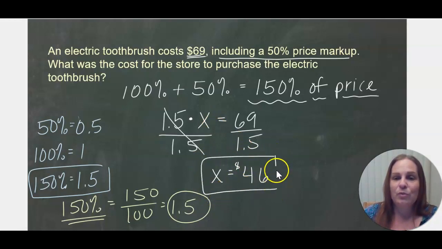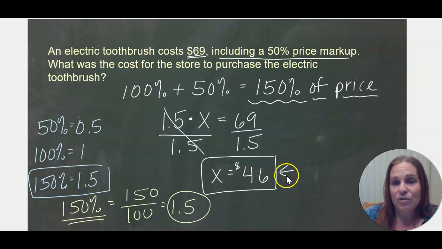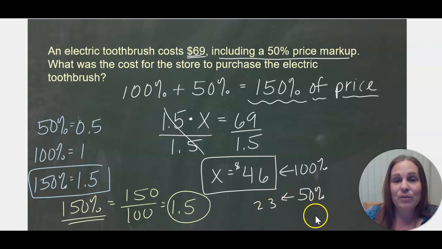So the store paid $46 for this toothbrush, then added a 50% markup and sold it to you for $69. That's how they make their money. If you want to check that it's right, we know that this is 100% of the price, right? 50% of that would be half, which would be $23.